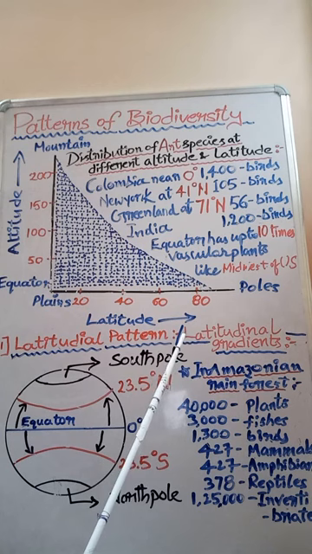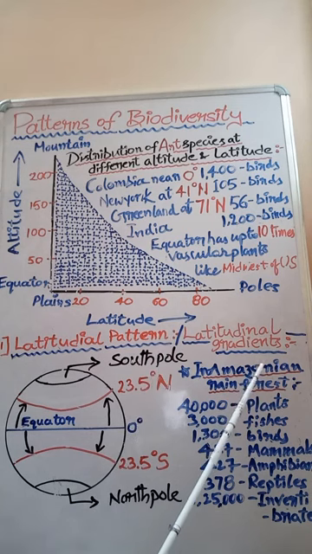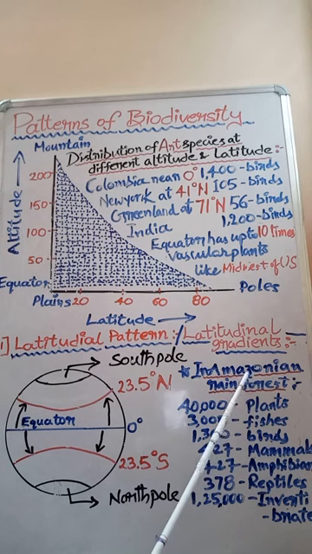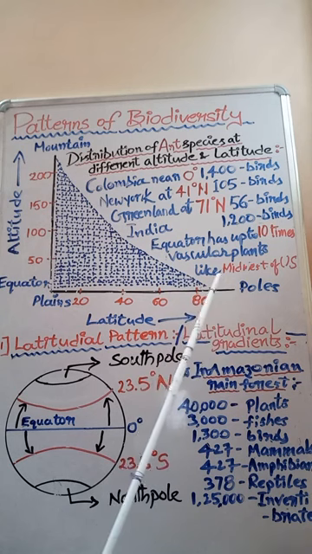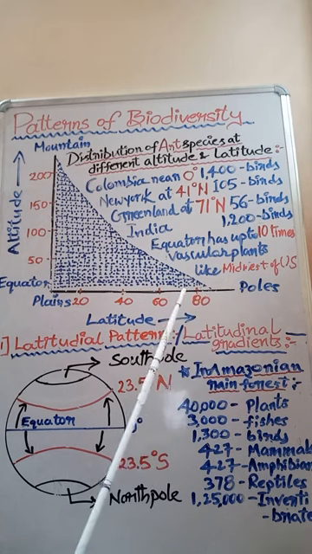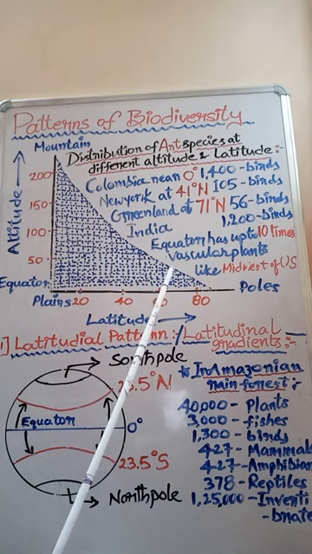Okay, now there are 3 explanations or hypotheses for the greater biodiversity in tropics like the Amazon forest or Amazonian rainforest. Let us see them one by one, students. These 3 are more interesting and important. First hypothesis.